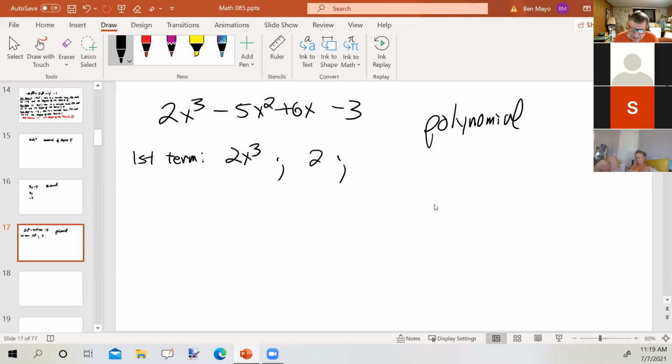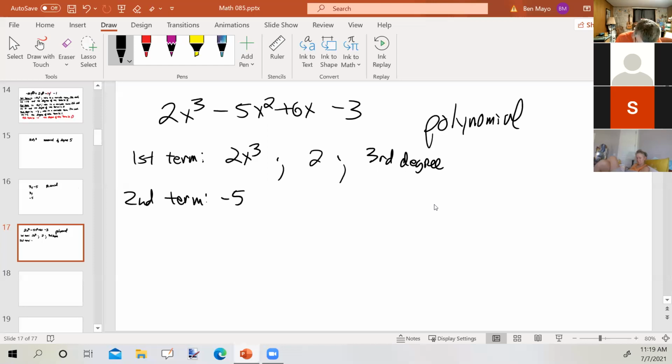What's the degree of the term? 3. Good. What's the second term? The 5x squared. What is it? 5x squared. No, you're leaving something out.